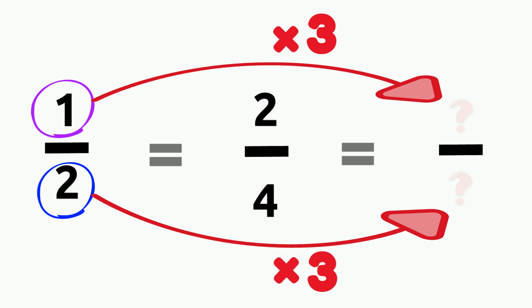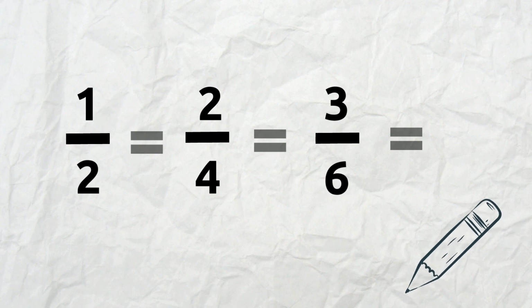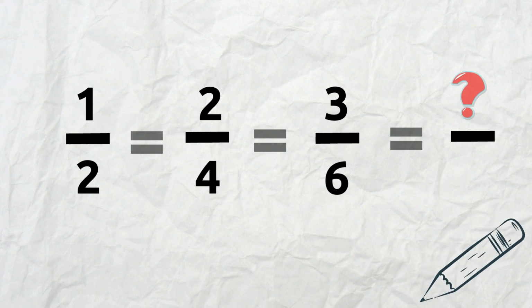The numerator is 1, so 1 times 3 is 3. The denominator is 2, so 2 times 3 is 6. We found the second equivalent fraction, and that is 3/6. Can you find what is the third equivalent fraction? Let's pause and think.